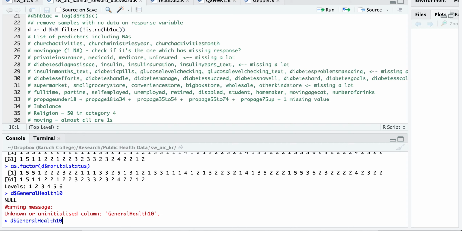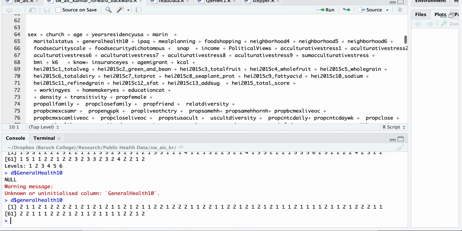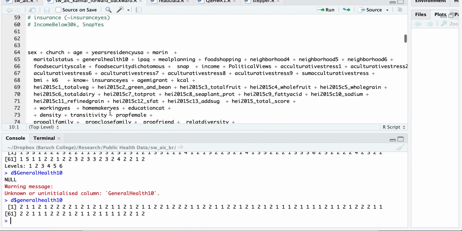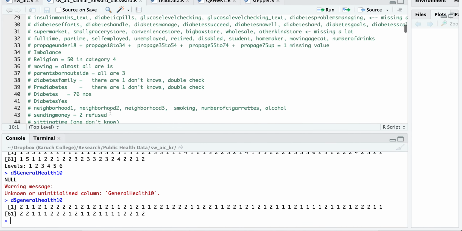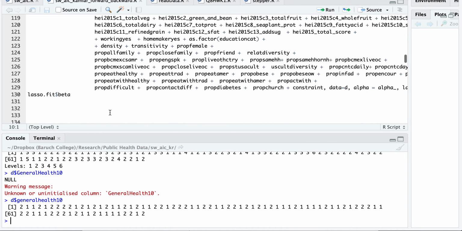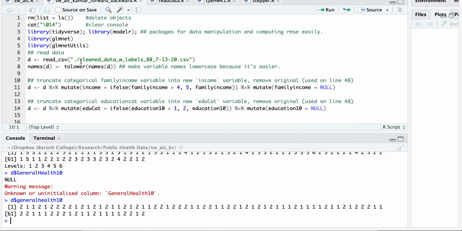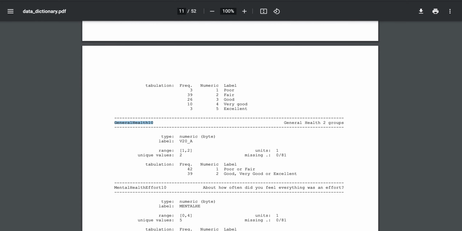Oh, these will have to be lowercase. Okay, this is not what I was looking for, but okay.